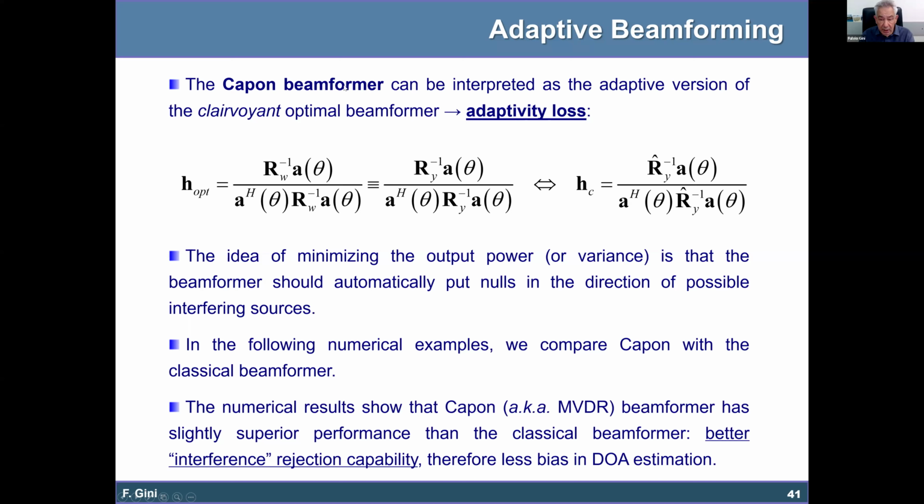The Capon beamformer is the adapted version of this second expression of the clairvoyant beamformer. And obviously, when you replace the unknown Ry with the sample covariance estimate, because the estimate is affected by an error, there is a loss. And this loss is called adaptivity loss. So in other words, the signal-to-noise ratio that you achieve at the output of the Capon beamformer is smaller than the one of the optimal beamformer.